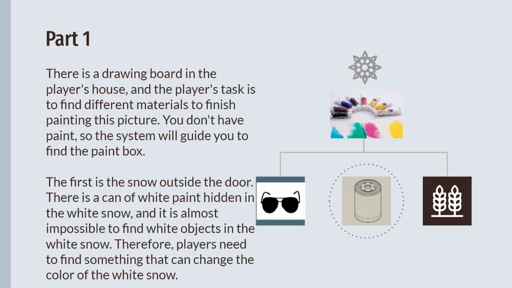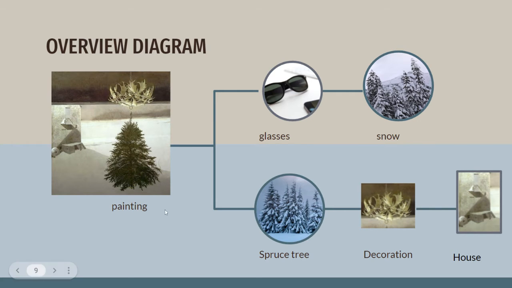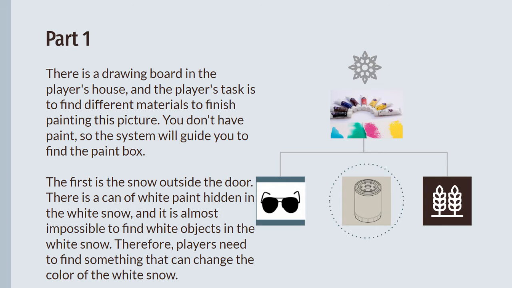Part one: the player first has to find something to draw this snow. There's a drawing board in the player's house, and the player's task is to find different materials to finish painting this picture. You don't have the paint, so the system will guide you to find the paint box.